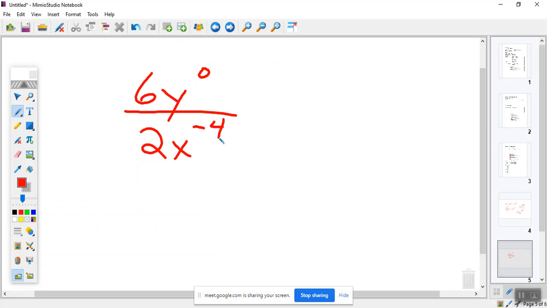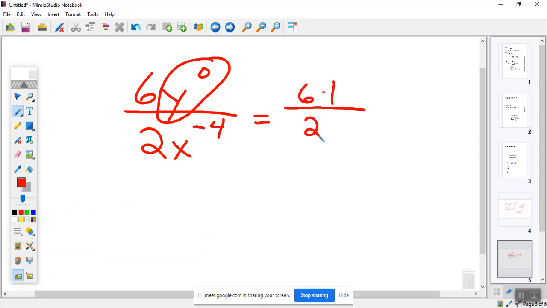So, somebody volunteer to tell me how this works. All right, Logan, I'm listening, kiddo. The 6 and the y to 0, that's just equal to 6, right? Yep, because y to the 0 right here would be equal to what value, kids? 1. So this is really 6 times 1 up top. All right. And then the bottom is 2x to the negative 1. Then you flip it.